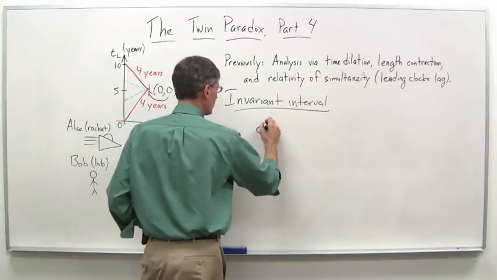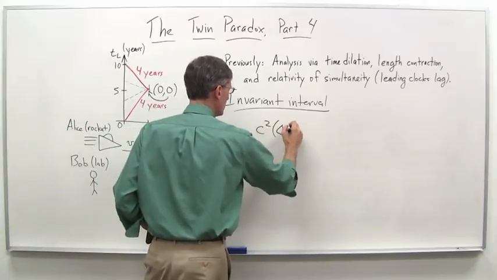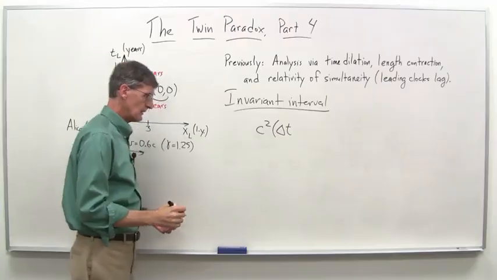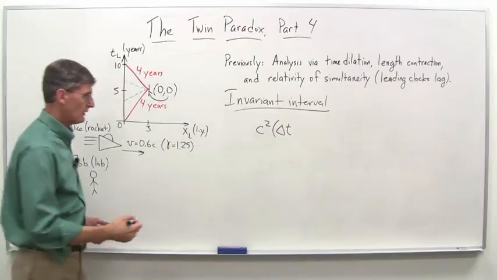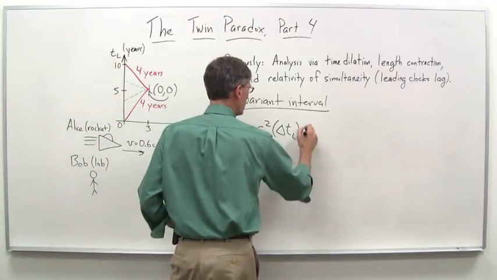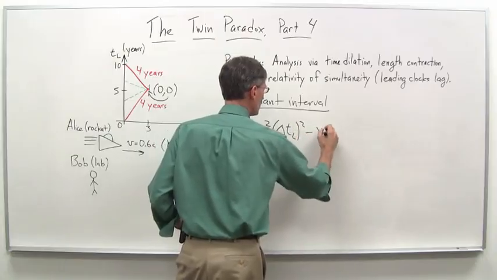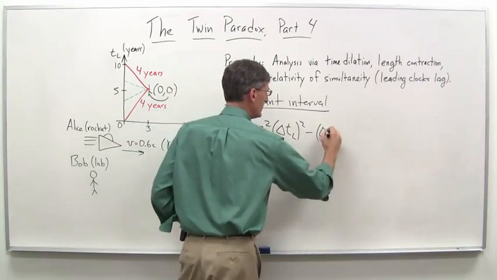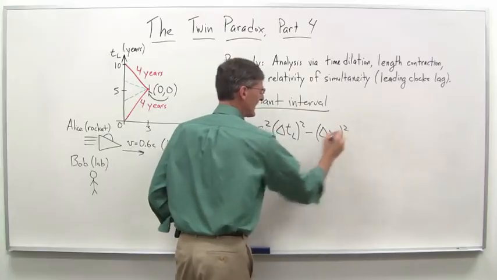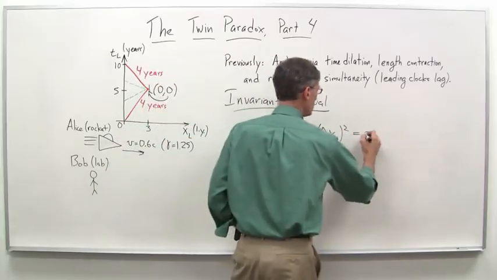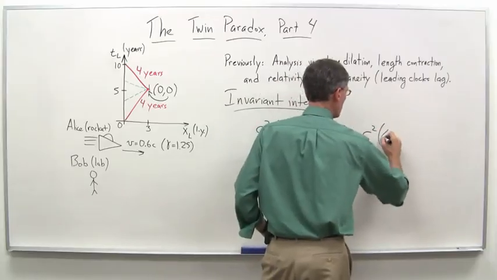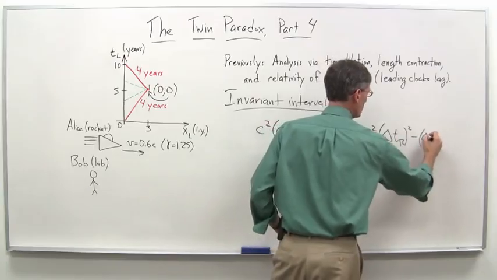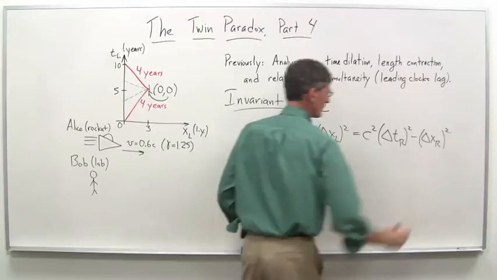Essentially, it's c squared delta t, and again we'll use lab and rocket frames, so L and R. So we'll just use delta x, to remind ourselves it's a difference in coordinates: delta x_L squared equals c squared delta t_R squared minus delta x_R squared.